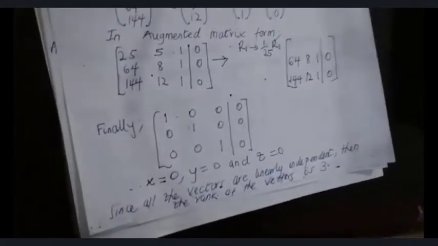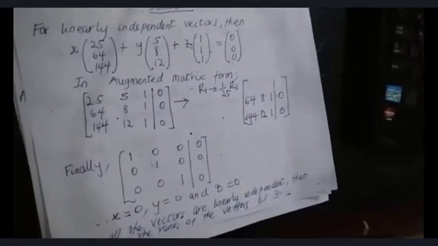Realize that X, Y, and Z are zeros. What it means is that all the set of vectors are linearly independent.